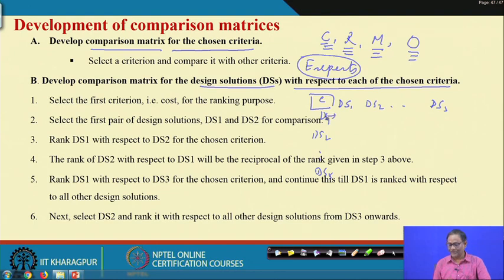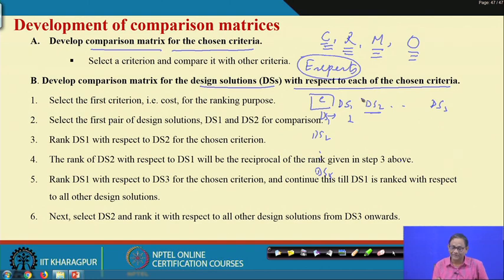DS1 with reference to DS1 the comparison will definitely be 1, but for DS1 and DS2, if I consider cost as important, what is the comparison? Is DS1 3 times better than DS2 in terms of cost? Or is it the other way around? That way you have to develop the comparison matrix.